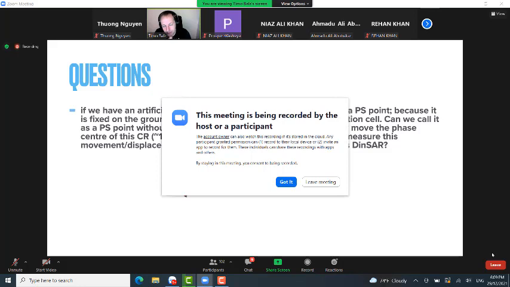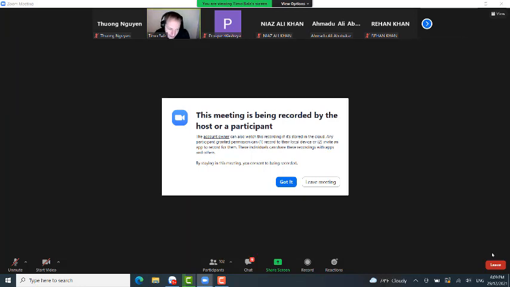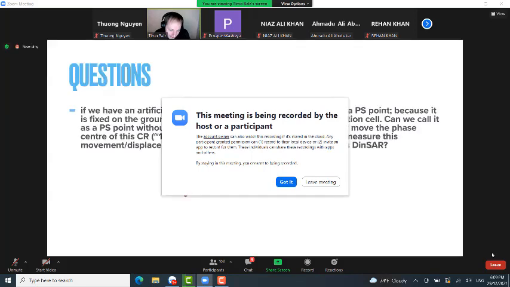So we measure differences in height between two points, or differences in motion between two points. So if you only have one corner reflector, you can't really do that. You would need a second corner reflector. Now you can link them, connect them, and differentiate the phases between them.